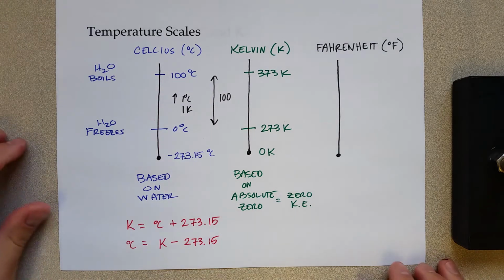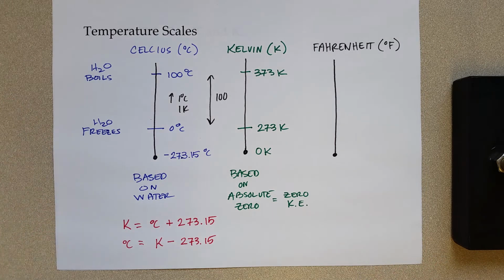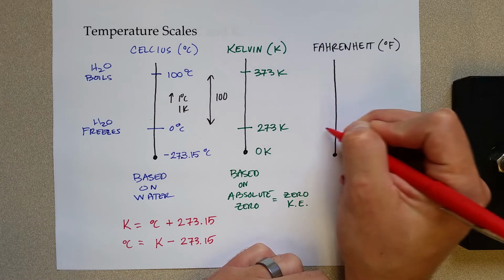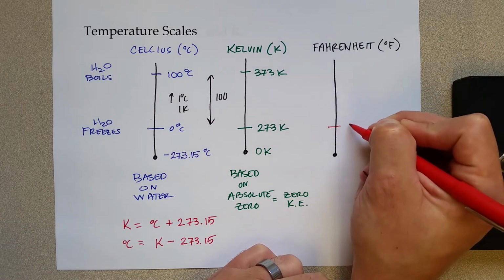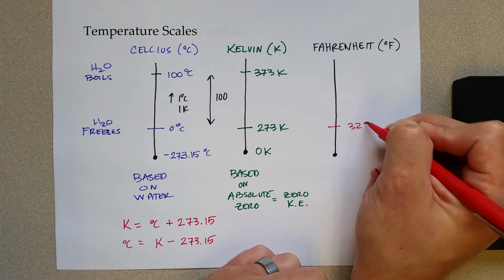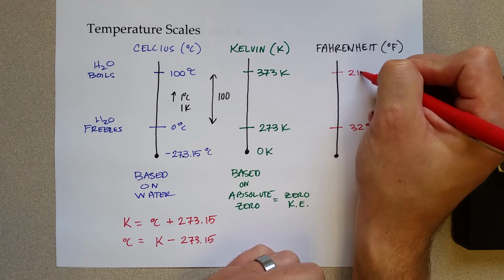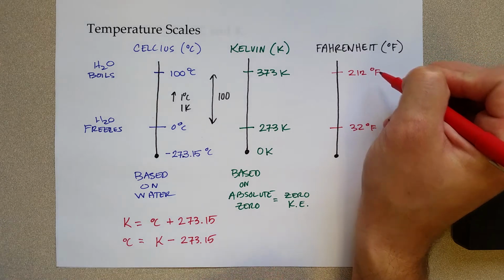The Fahrenheit scale was based on some systems that Fahrenheit was after, but essentially, at the end of the day, it turns out that water freezes at 32 degrees Fahrenheit and boils at 212 degrees Fahrenheit.